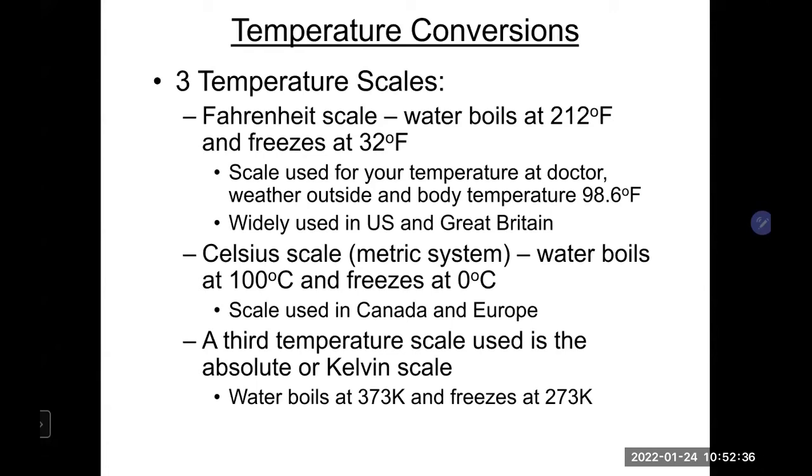One important note between the three temperature scales is that in Fahrenheit, we say degrees Fahrenheit. In Celsius, we say degrees Celsius. In Kelvin, we do not. So no degrees. You don't write degrees Kelvin or anything like that.